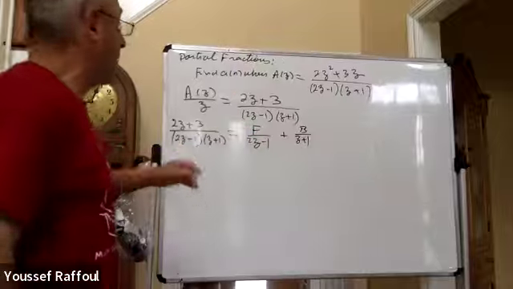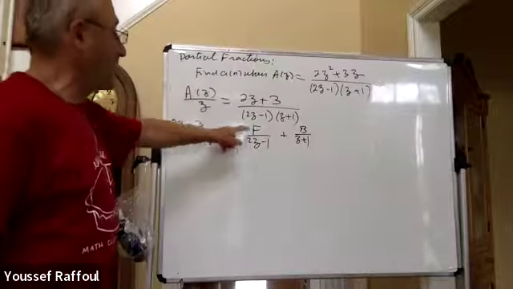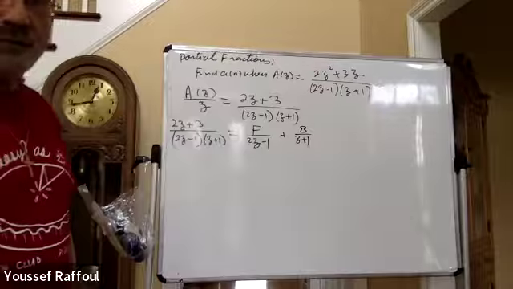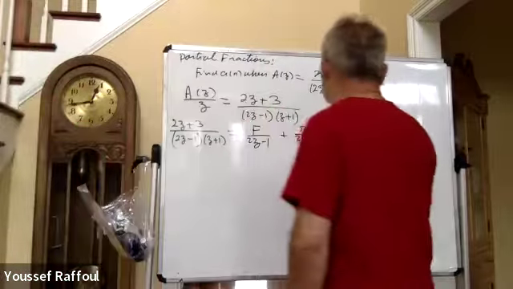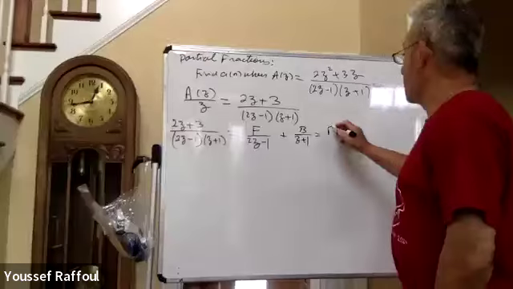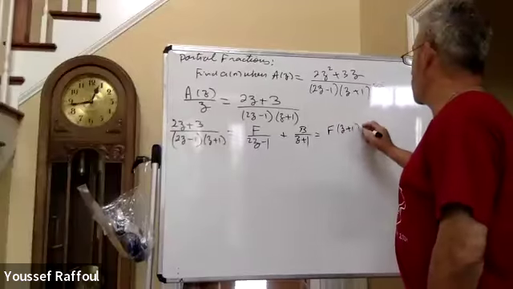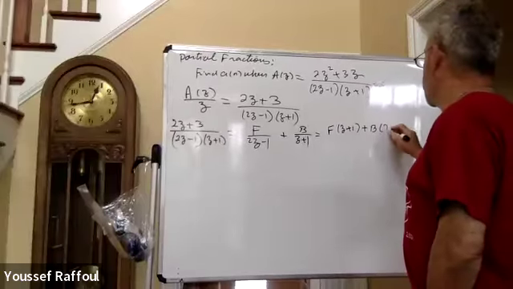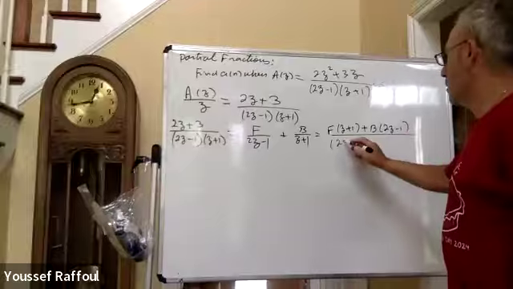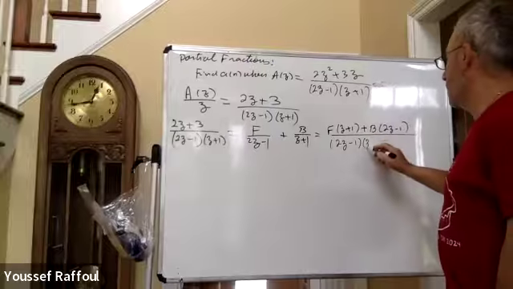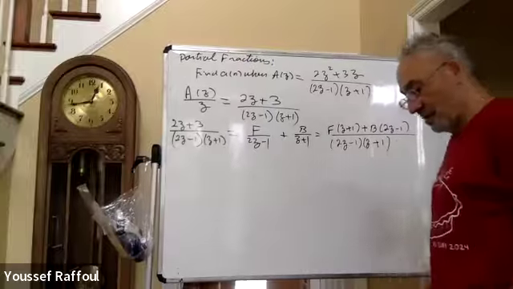Why did I start with F? I didn't want to use A because this A is not the same as this A if I use it. Okay? And then I take a common denominator. That is F times (z plus 1) plus B times (2z minus 1) over (2z minus 1)(z plus 1).